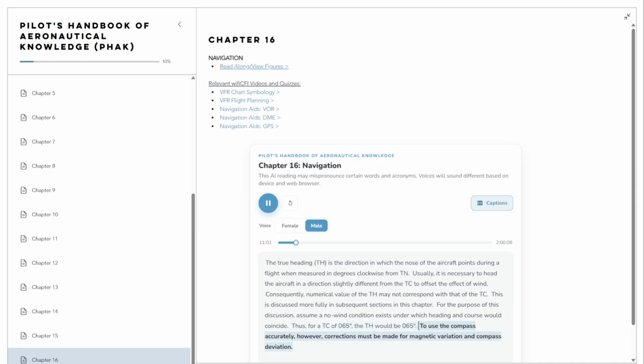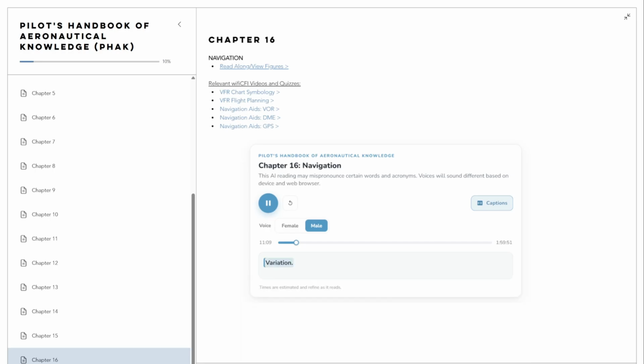To use the compass accurately, however, corrections must be made for magnetic variation and compass deviation. Variation. Variation is the angle between TN and magnetic north, MN.